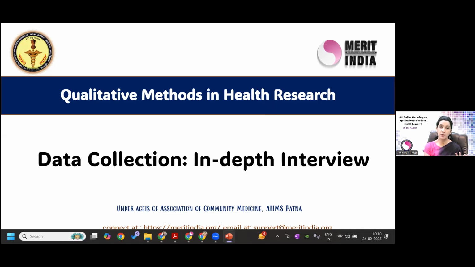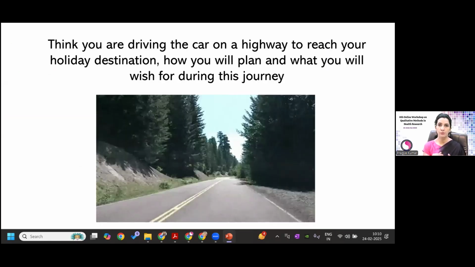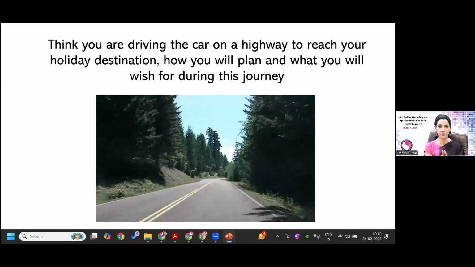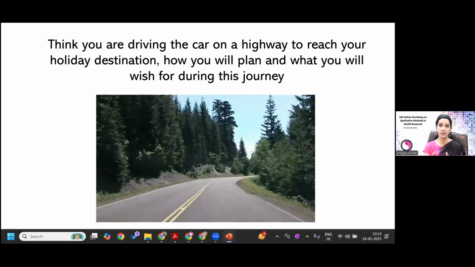This is one of the data collection methods which you have to know, because it's the most common way of data collection. So we want to give an analogy of conducting this in-depth interview process with driving a car over the highway.